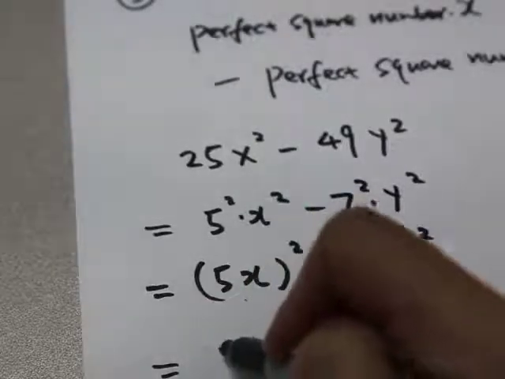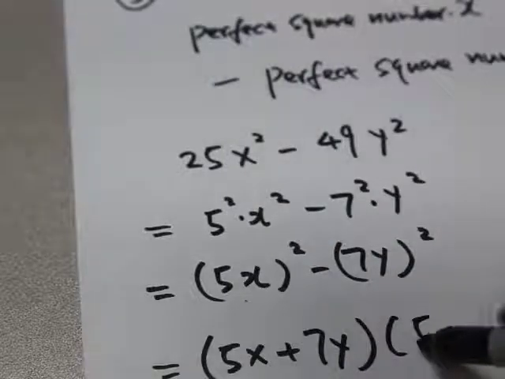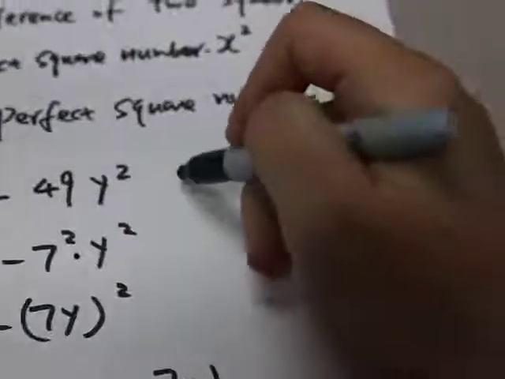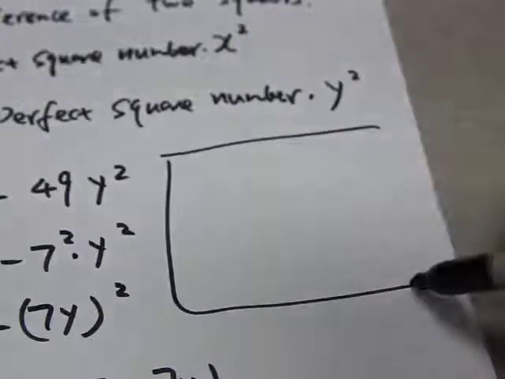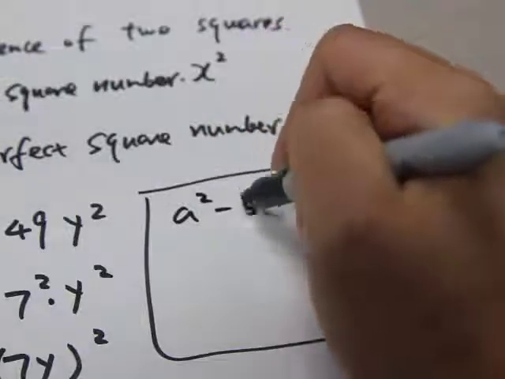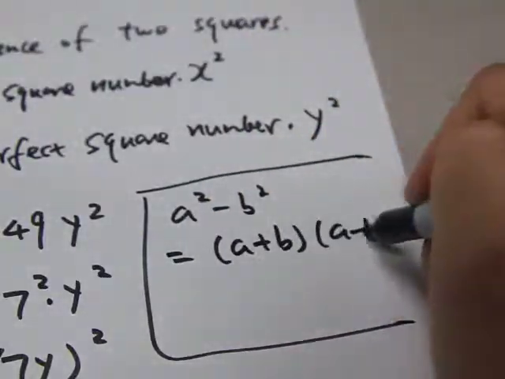And then this is (5x plus 7y) times (5x minus 7y). So the formula we're using is from the special product of binomials: a squared minus b squared is equal to a plus b times a minus b.